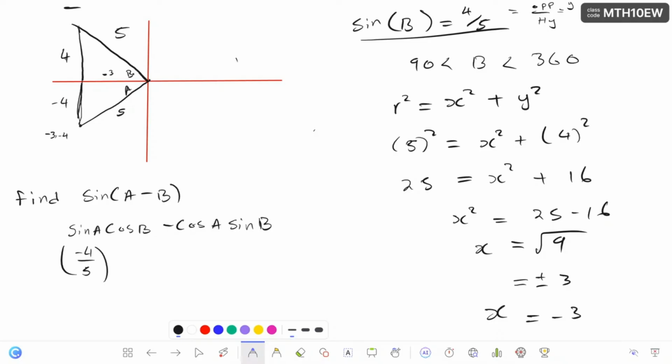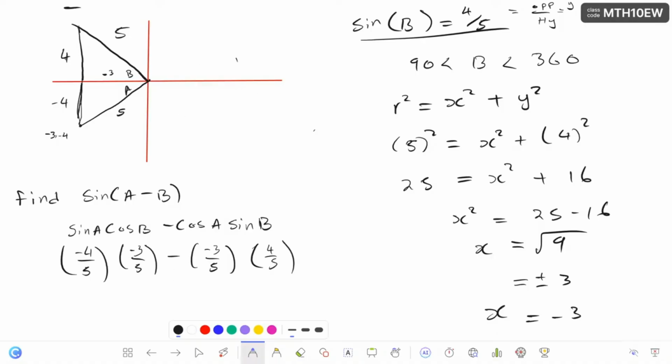Then cos B is adjacent, which is negative 3 over 5. Then cos A is this triangle. Cos is adjacent over hypotenuse, which is negative 3 over 5. Then sine B is this side. It's 4 opposite over hypotenuse, so it's 4 over 5.